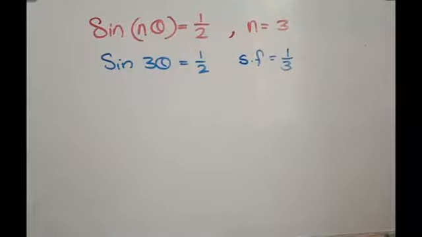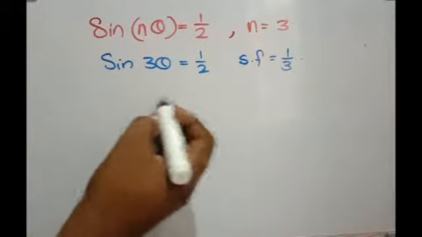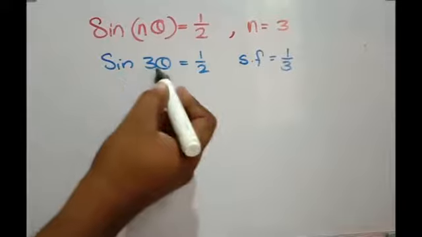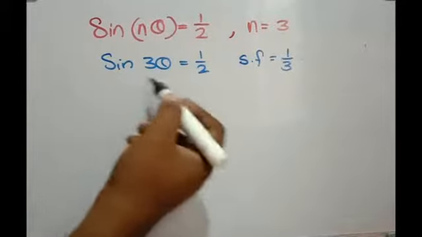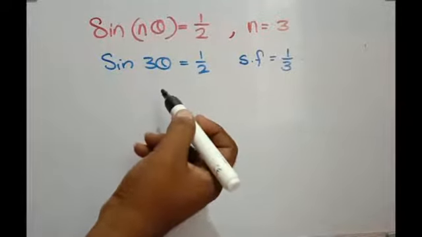As it is a horizontal stretch, we can make it clear that the period gets changed. There is a change in the period. So let's find the period of this particular question, sine 3 theta. That means y is equal to sine 3 theta and y is equal to half. So your graph is y is equal to sine 3 theta.